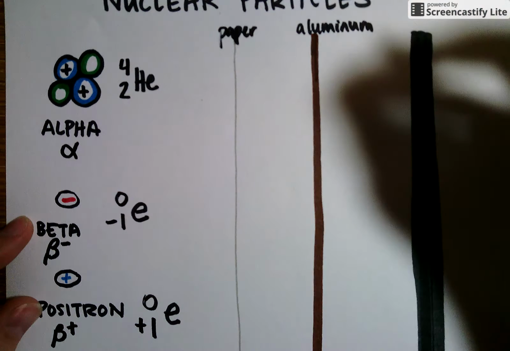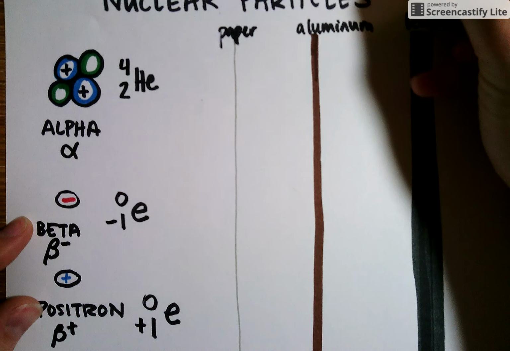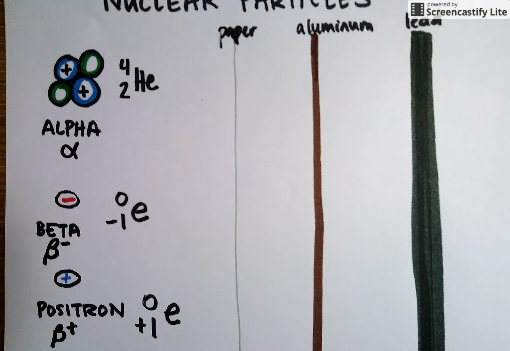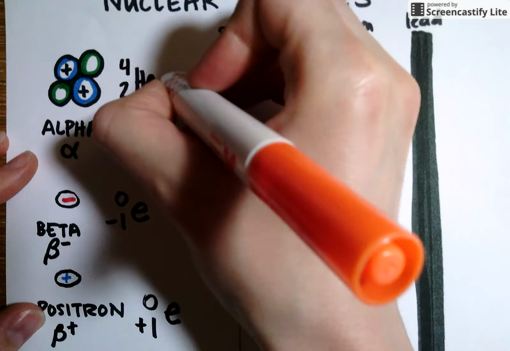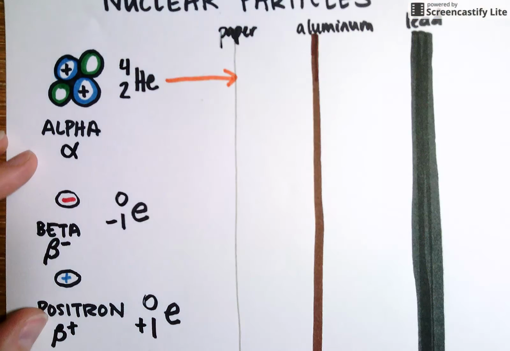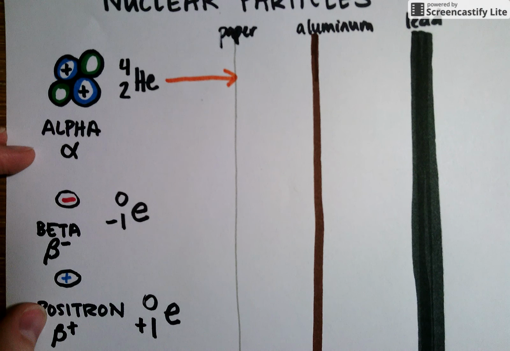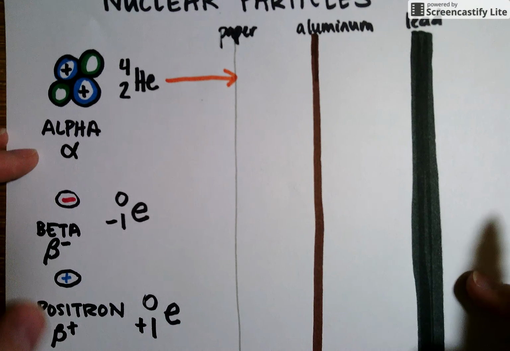And this black line represents maybe a lead sheet. If you've ever been to the dentist, you know they put that lead vest on you before they give you x-rays. There's good reason behind that, and this is it. If I allow something to decay via alpha decay, that alpha particle hits paper and gets blocked. So if you want to protect yourself from alpha radiation, carry around a wad of paper with you.